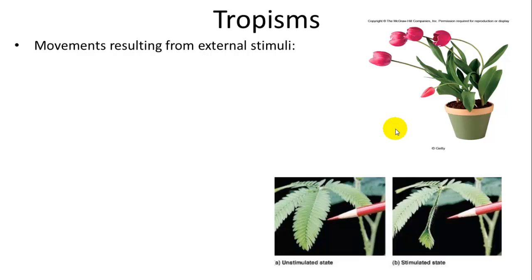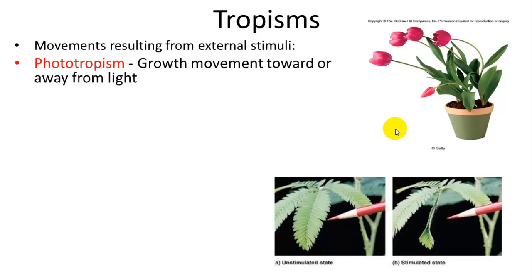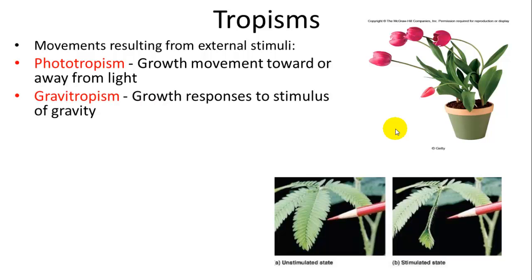So there are lots of different types, and we'll just mention them here. Phototropism, photo refers to light, so it's going toward or away from light. Gravitropism is response to the stimulus of gravity, so most things will grow away from gravity, up.